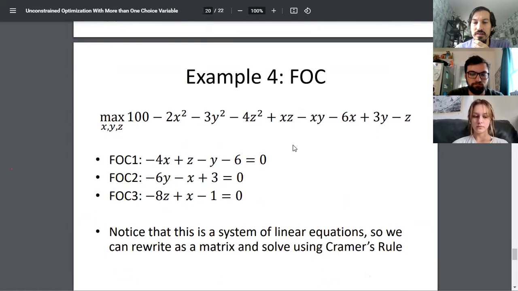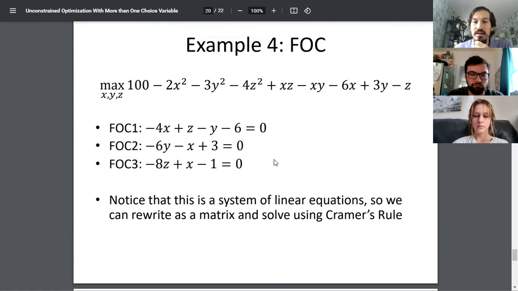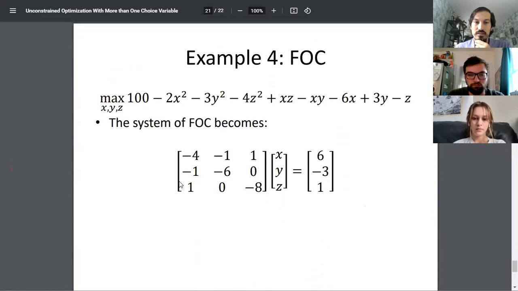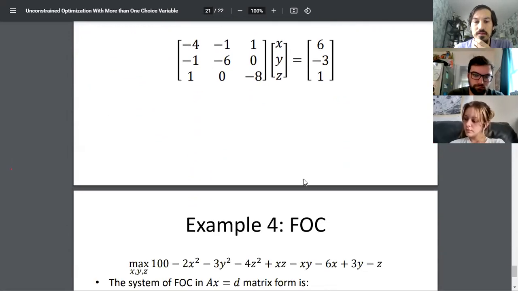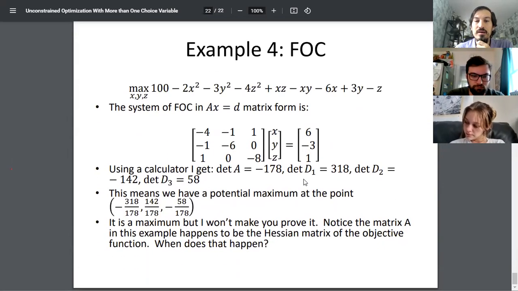Here's the answer written out on the PDF. That's exactly what we had, I believe. The system of first order conditions becomes this: Ax = d. That's what we did. And then, it's not quite 89 here. It's negative 178.